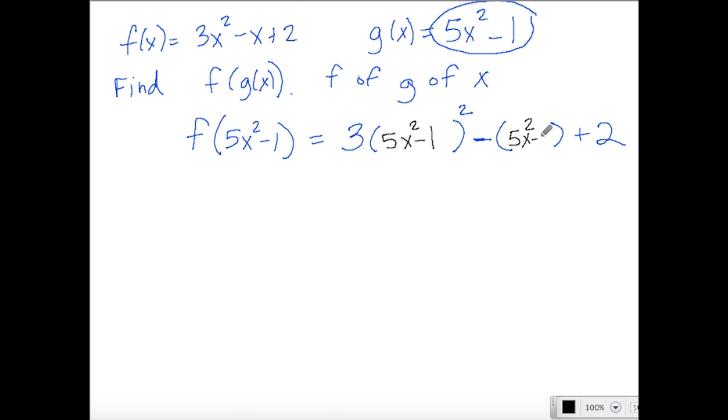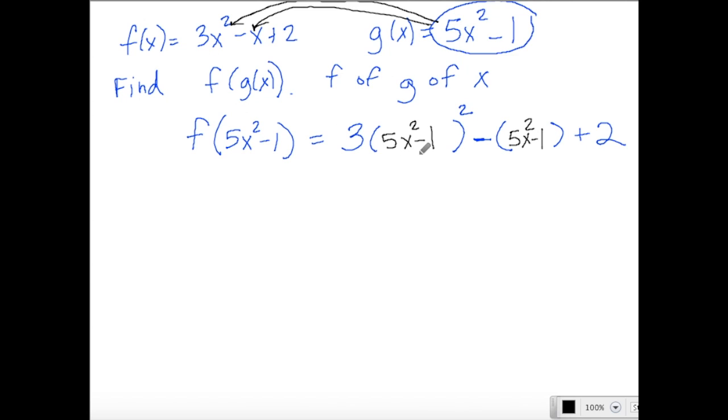If you attended the live lesson, the way I taught this was by teaching you to circle and draw arrows as to where it was supposed to go. So if you will notice, I am placing g of x inside of the function f of x every place that there is an x.